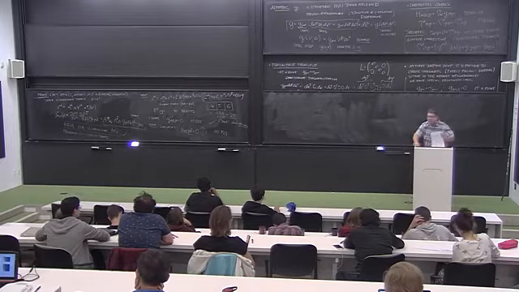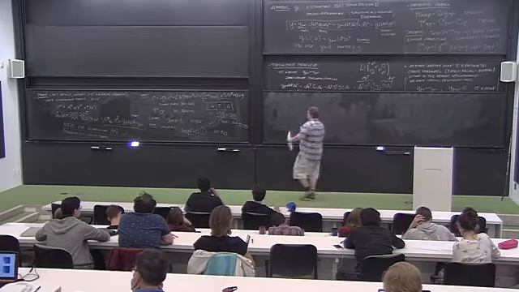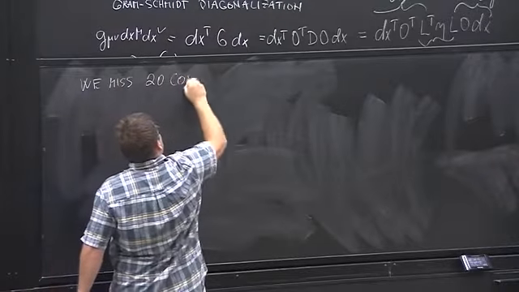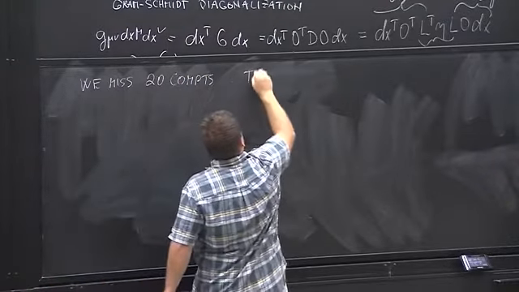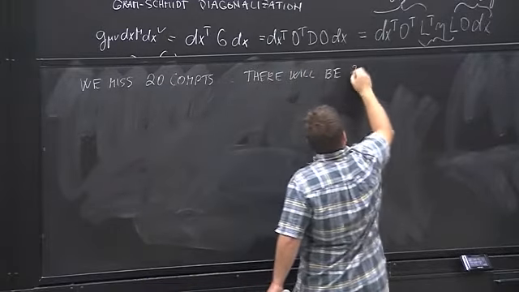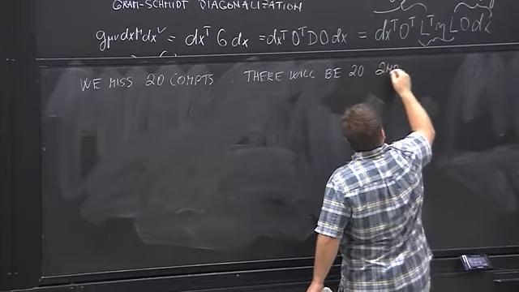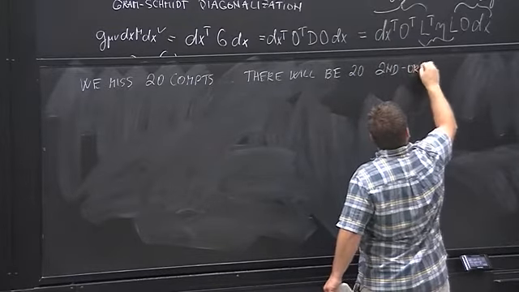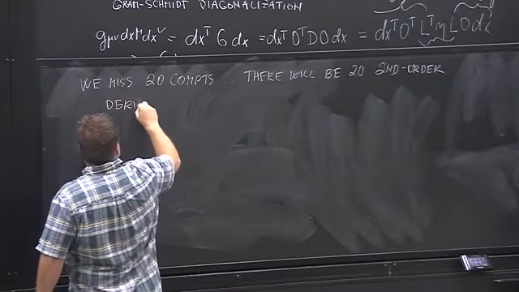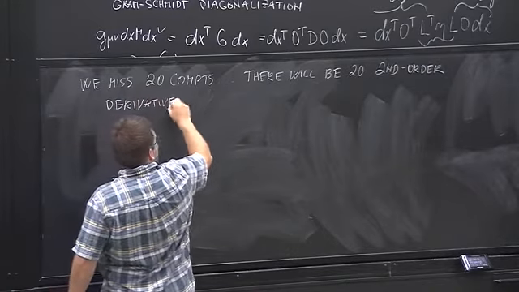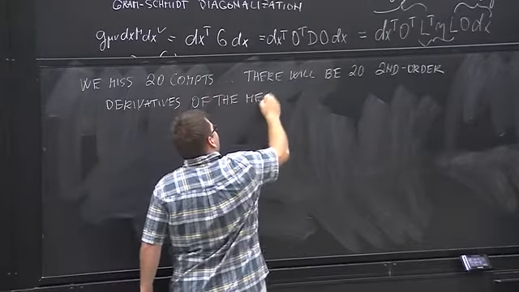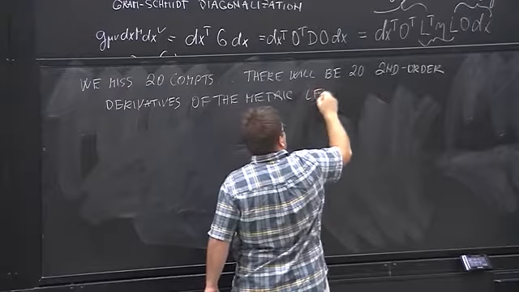Of course, this is just a counting argument. I'm not really doing this explicitly, right? So we miss 20 components, and that's why there will be 20 second-order derivatives of the metric left.